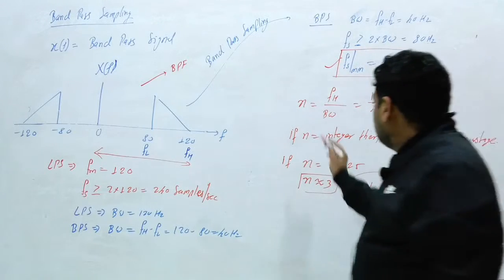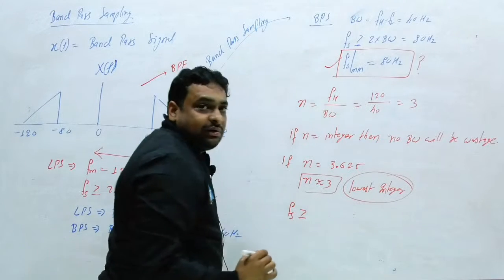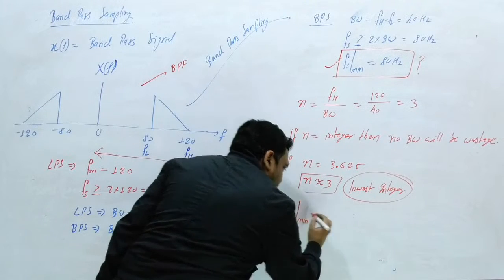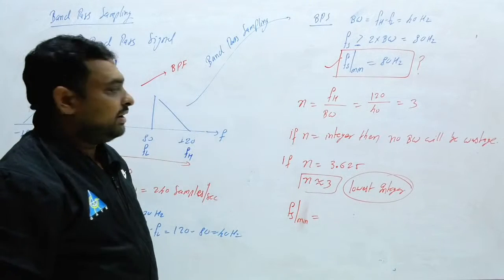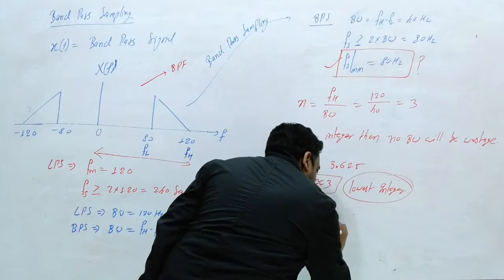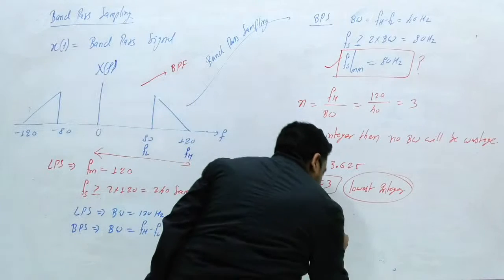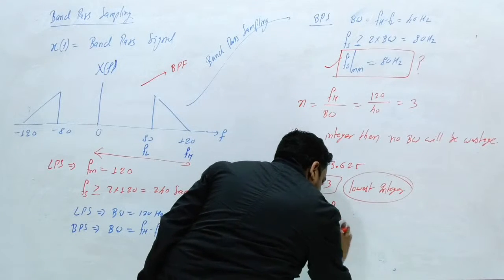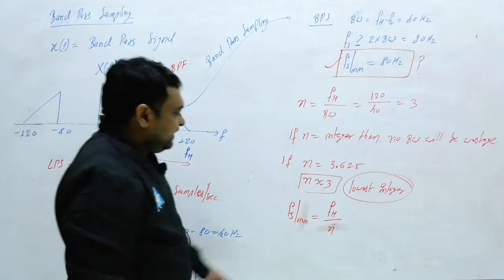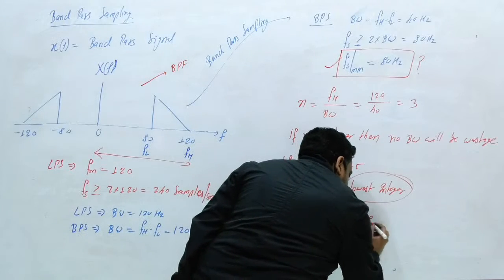So if n is an integer, fs will be greater than or equal to, or you can say fs minimum will be equal to Fh divided by n. Fh is 120 divided by n, that is nothing but 120 by 3.